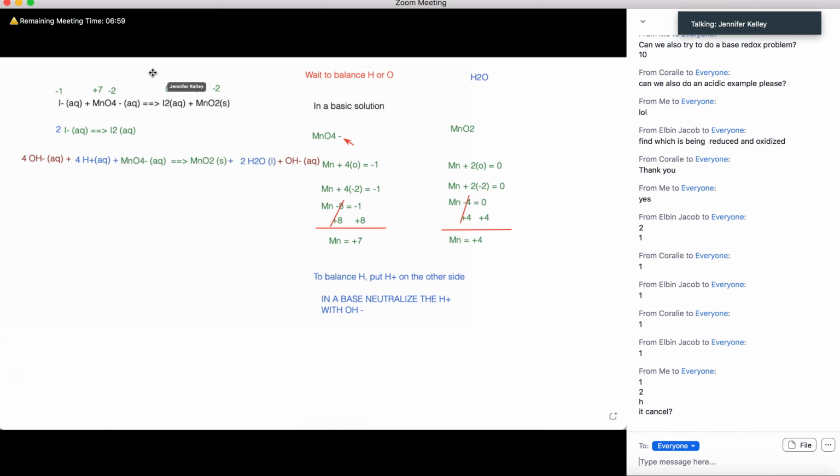So let me put that in the steps down here. Add OH on both sides. Once the OH minus is on both sides, we're going to combine all of the H plus and OH minus as long as they're on the same side.